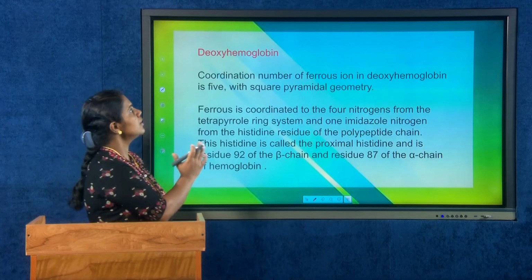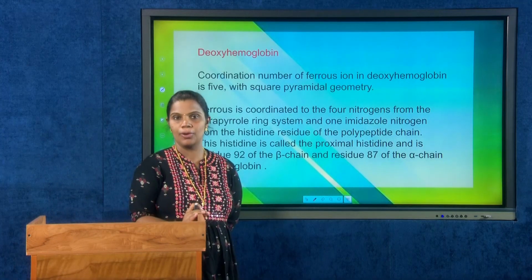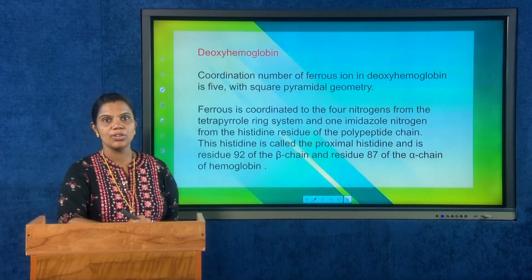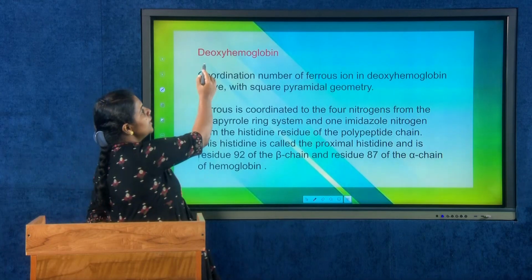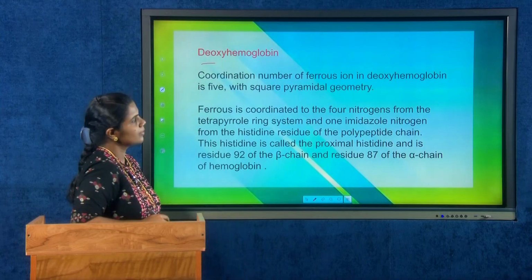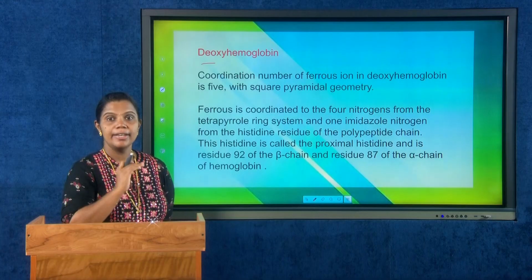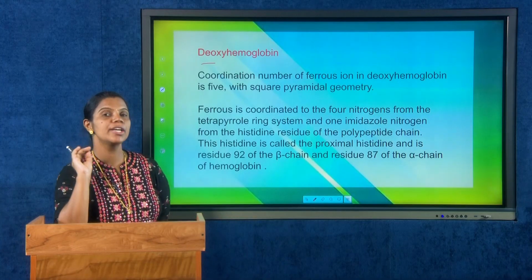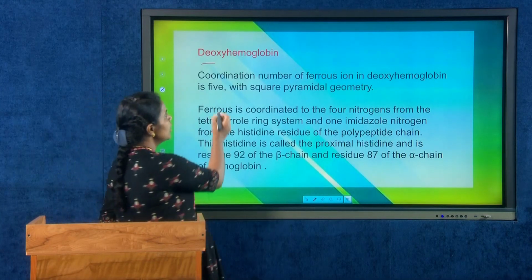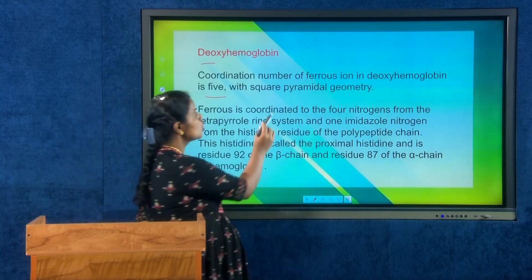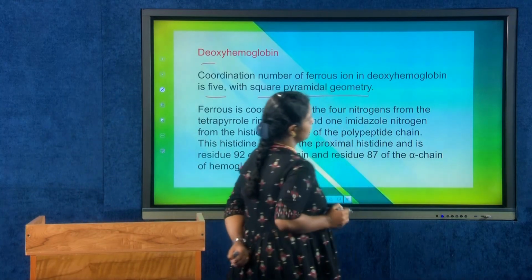Now we are going to learn about deoxyhemoglobin, that is, hemoglobin before coordinating with oxygen. The coordination number of the ferrous ion in deoxyhemoglobin is 5, and it has a square pyramidal geometry.